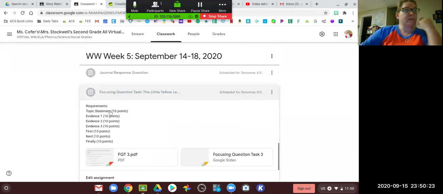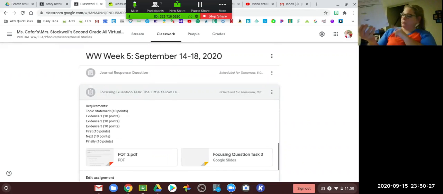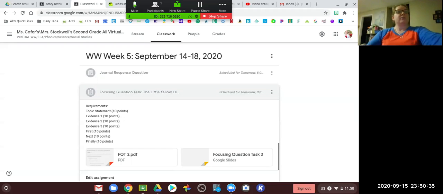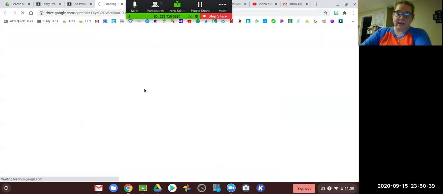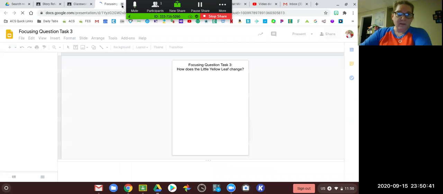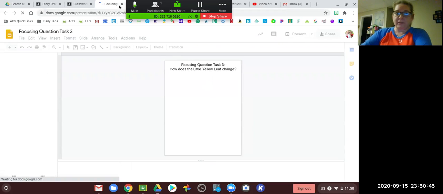Once you have written your focusing question task response in your journal on page 15, you're going to take a picture of it and upload it into this Google slide. It even has the question on top: How does the little yellow leaf change?